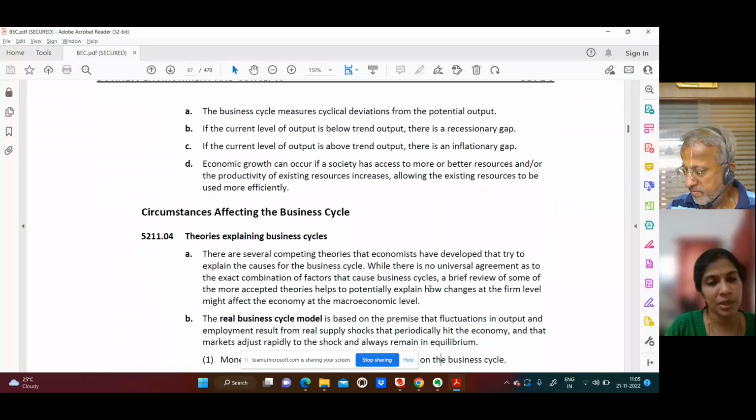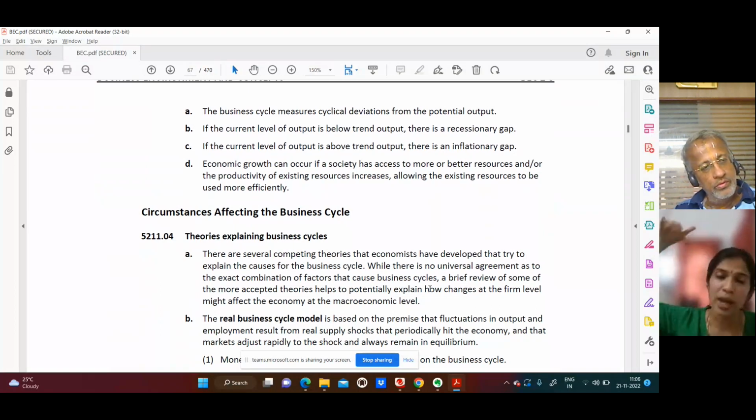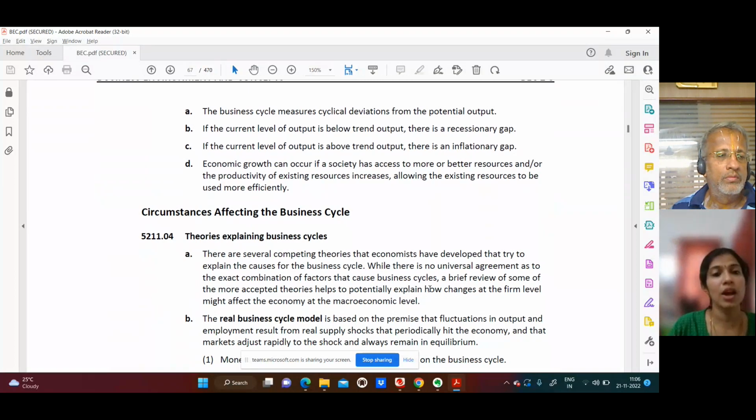So why do these happen, and how do these happen? Why at all can we have expansion? Why can't we go on with the expansion mode altogether? Why do we have a fall from the peak? All that we can understand from the various theories which are given by various economists.